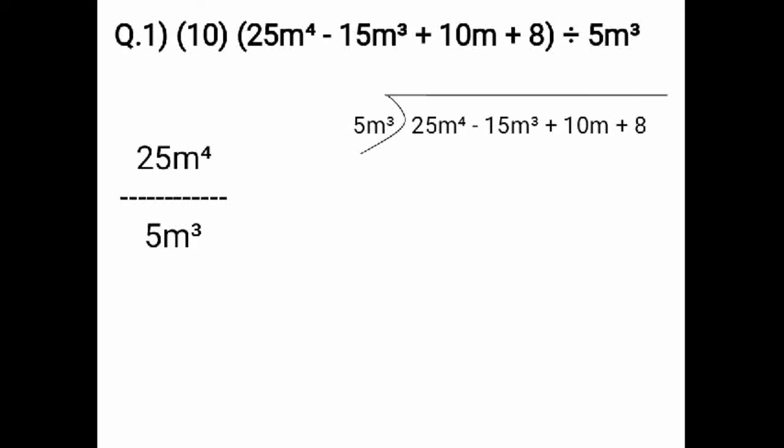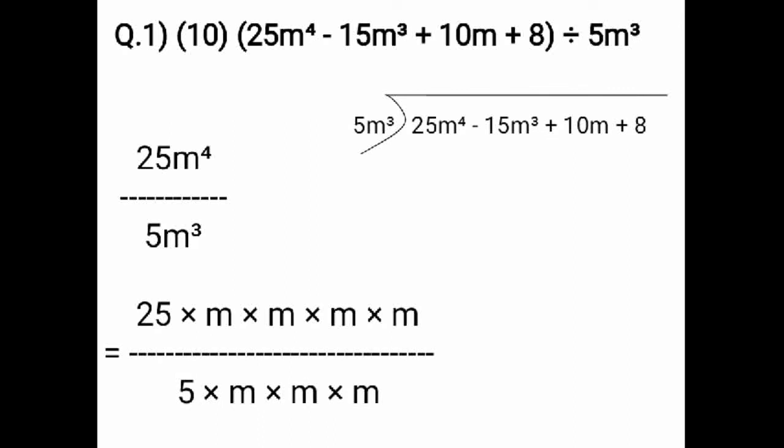25m raised to 4 upon 5m cube is equal to 25 into m into m into m into m upon 5 into m into m into m. Table which is going, you have to do cancellation now. 5 ones are 5, 5 fives are 25.